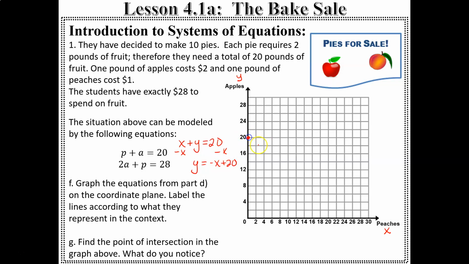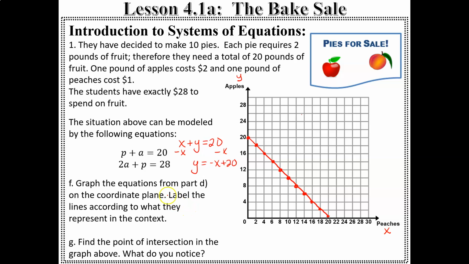I'm going to start here at 20, and these go by 2's. Okay? So I'm going to go down 1 over 1, down 1 over 1. So we are going to go like that, straight down. I wish they had labeled by 1s, but we're going to live with that. There we go.